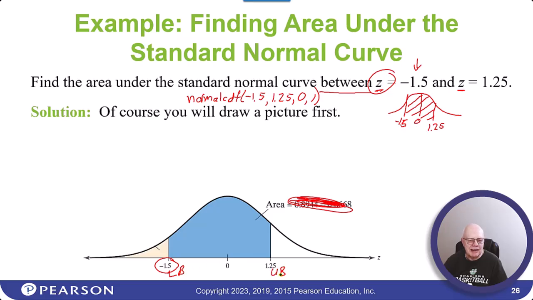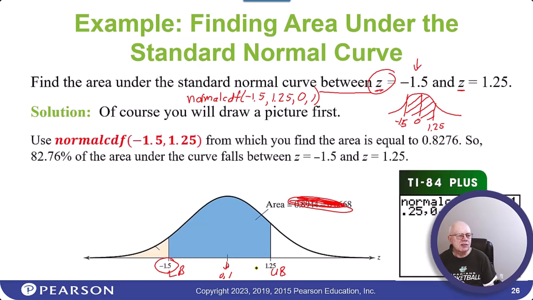Since we're talking about z's, we'll use the mean of 0, standard deviation of 1, and that's what your entry should look like. Hopefully, you put the 0 and the 1 there just to keep in a good habit. This is what it should look like in your calculator, and we're in good shape.